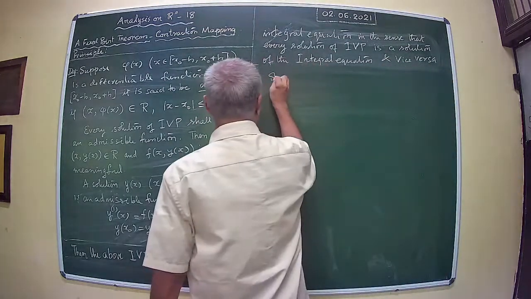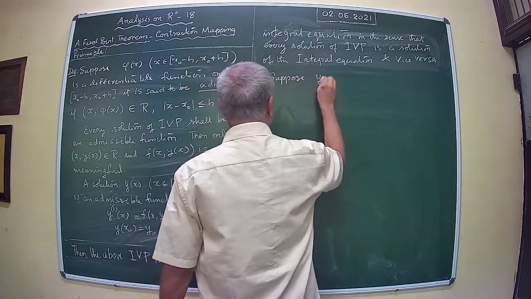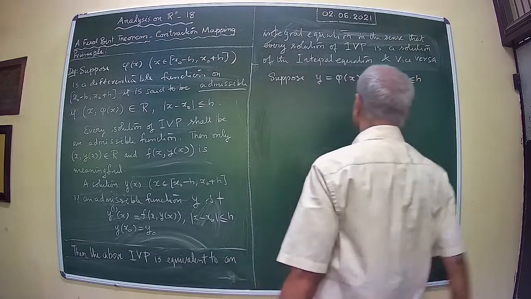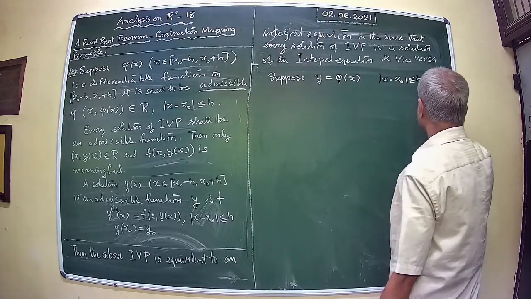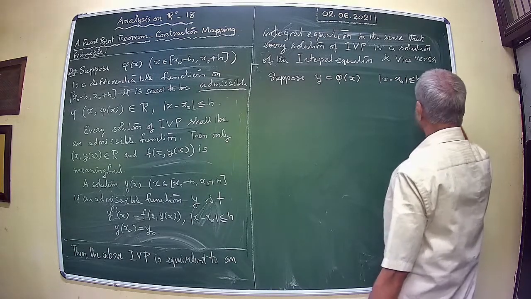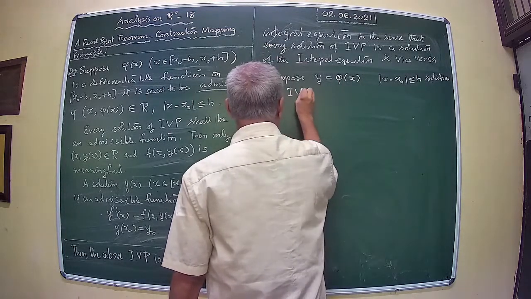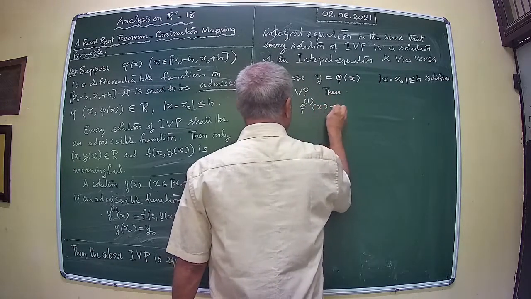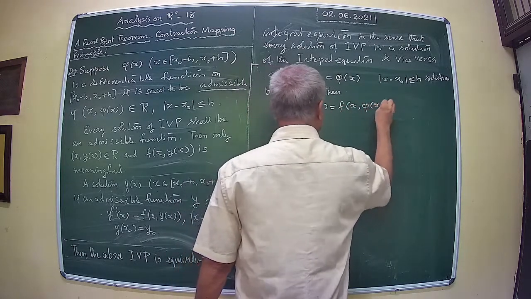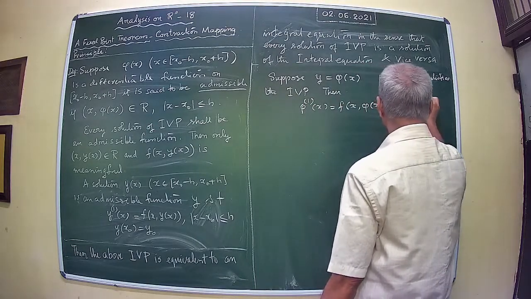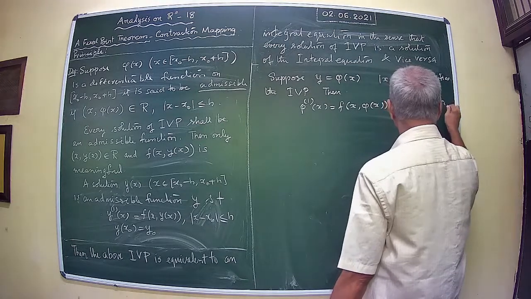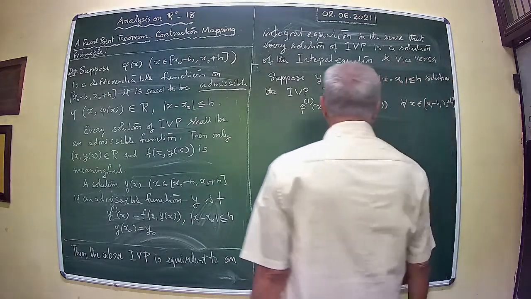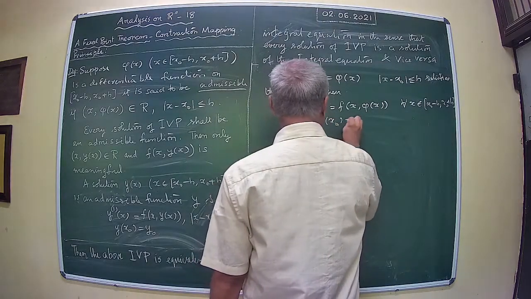See, suppose phi is a solution, then what we have is that phi derivative equals f of x, phi x for x in the interval of length h this way, and phi x naught equal to y naught.